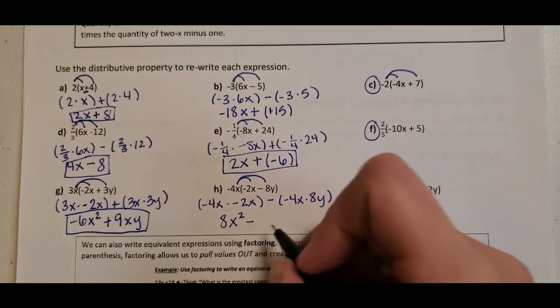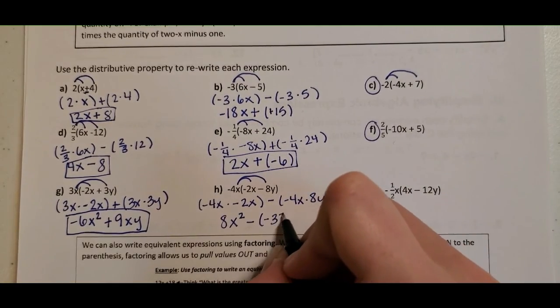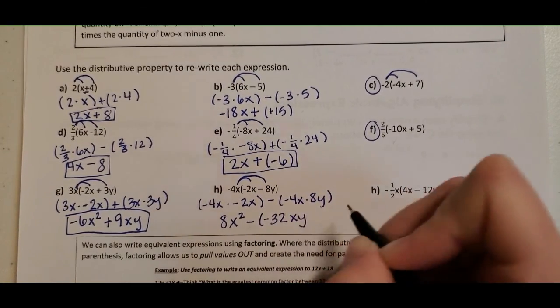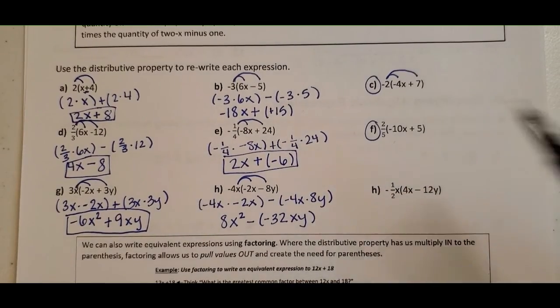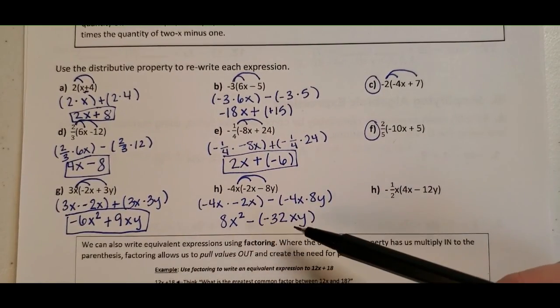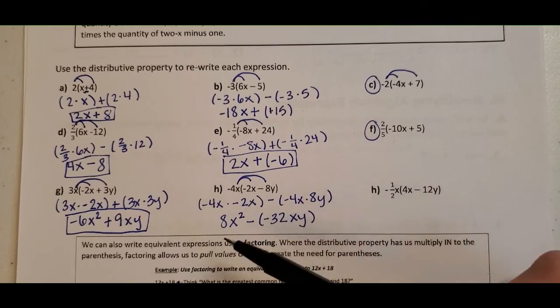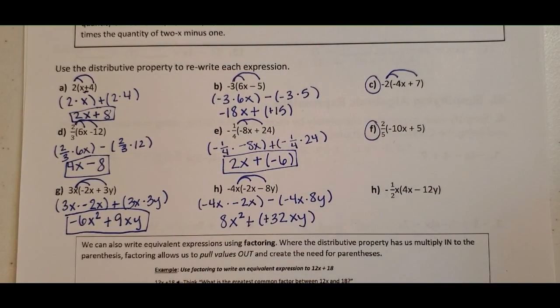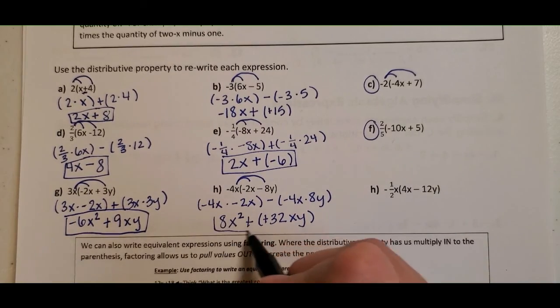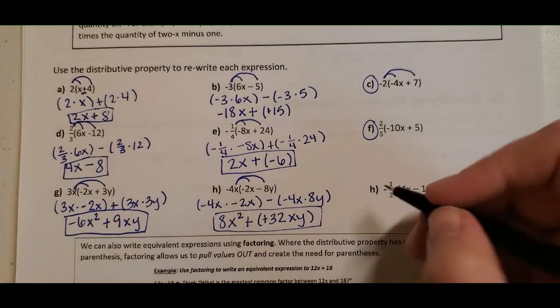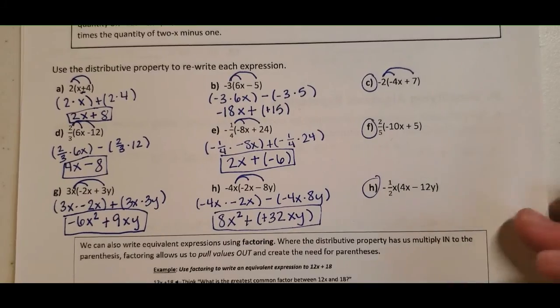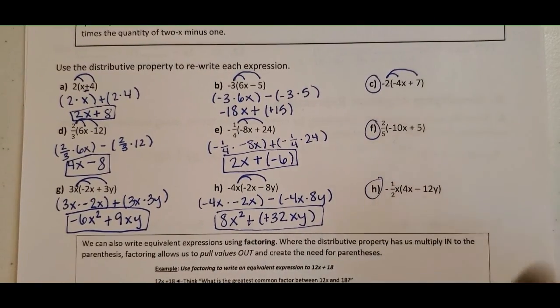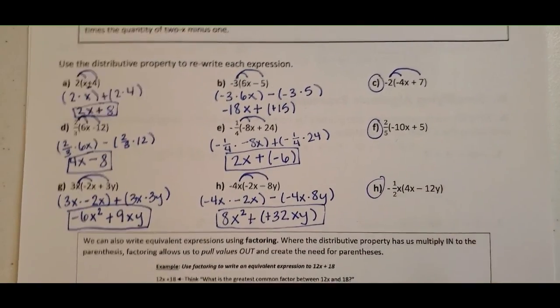It's going to be a negative 32. And just write down your letters. Now again, this is with subtracting an integer. So I'm going to do keep, change, opposite. And that's your answer. So I want you to try and do H. So your goal is to do C, F, and H on your own.